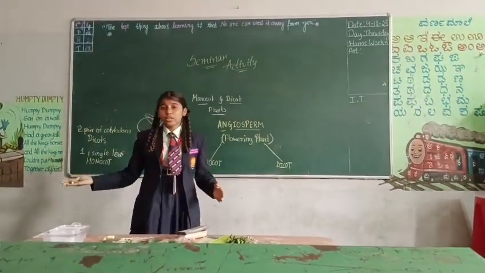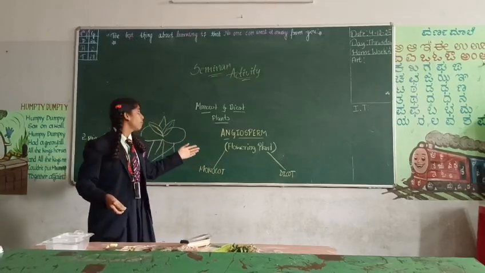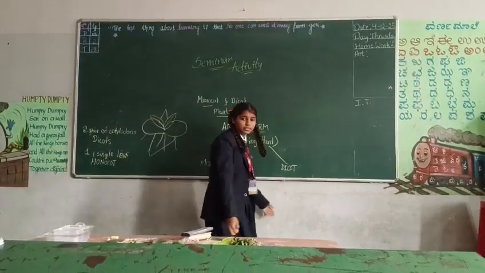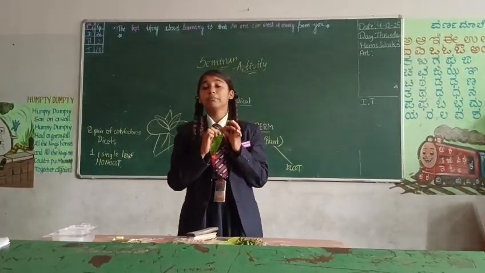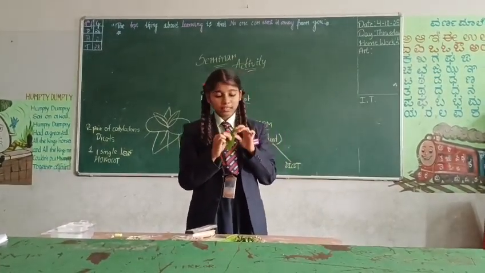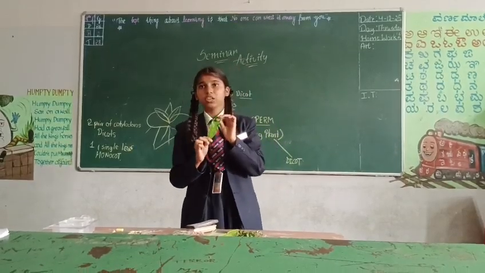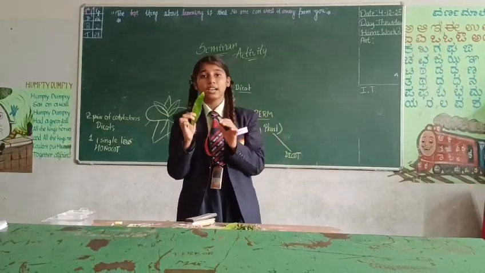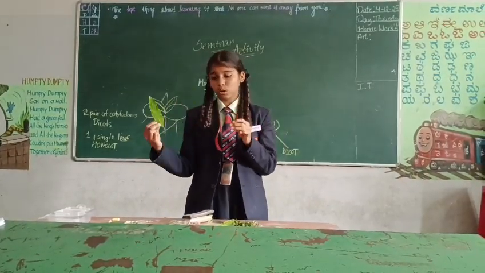When they grow their true leaves, you can look into their venation. If the leaf has a midrib and the veins branch out from the midrib, creating a net, this is called dicot, and this plant belongs to the dicot group.